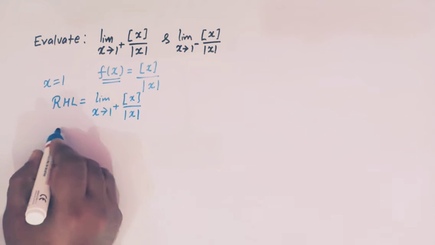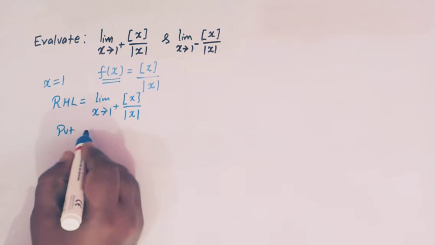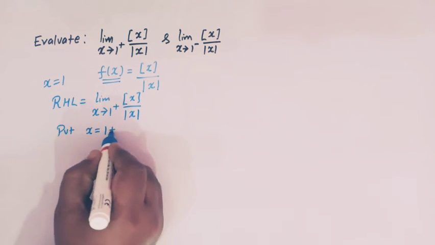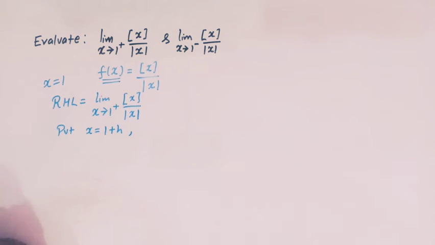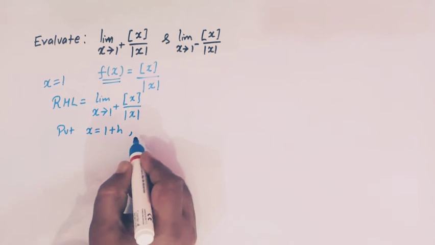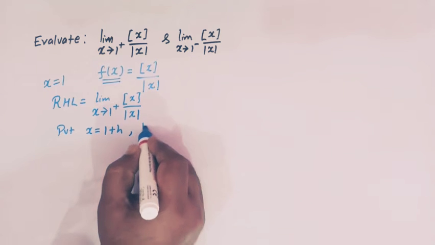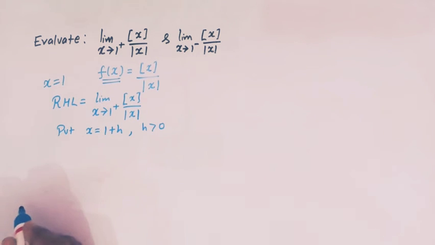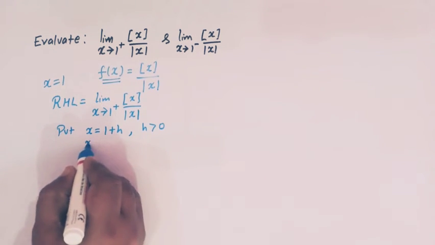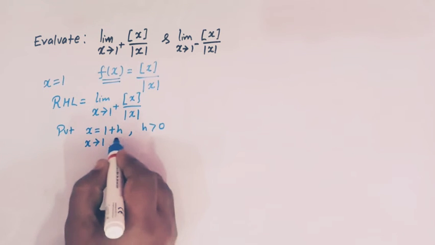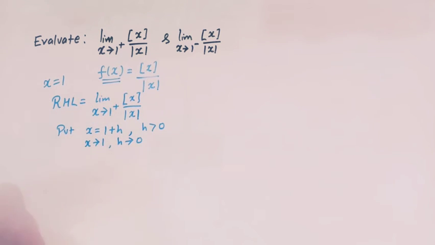Let us substitute x equal to 1 plus h, where h is a very small quantity and h is greater than 0. So when x tends to 1, h tends to 0.